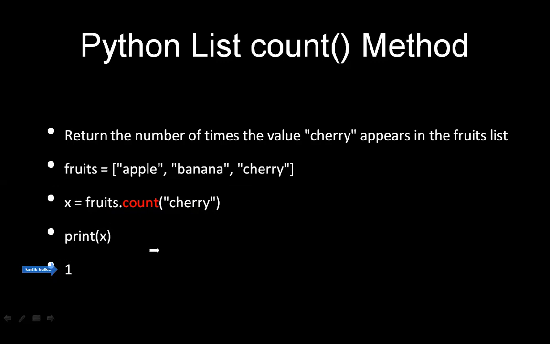Suppose the cherry string value is repeated two, three, or four times in the list. However many times it has been repeated, that number will be displayed as the output here.